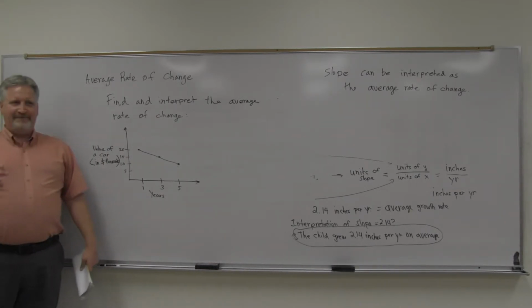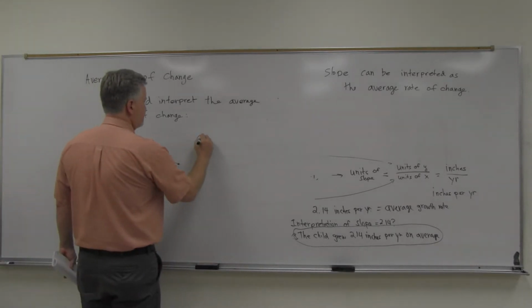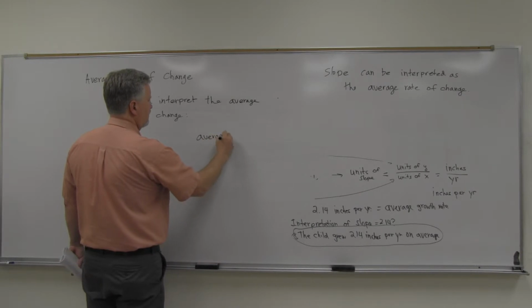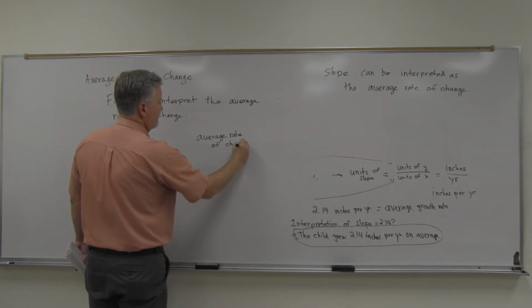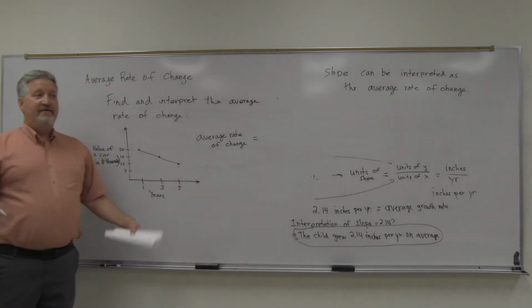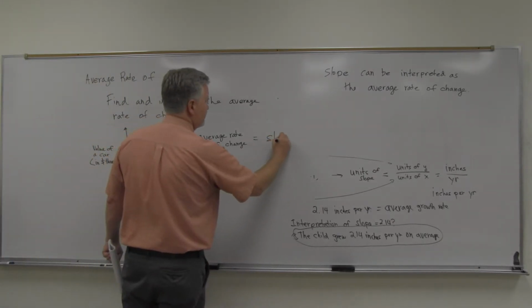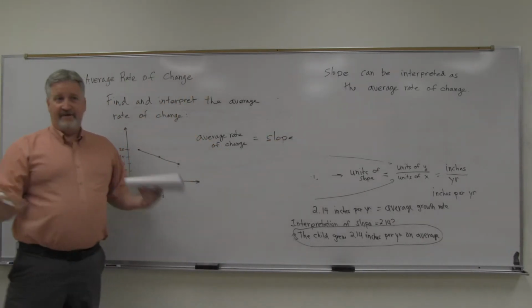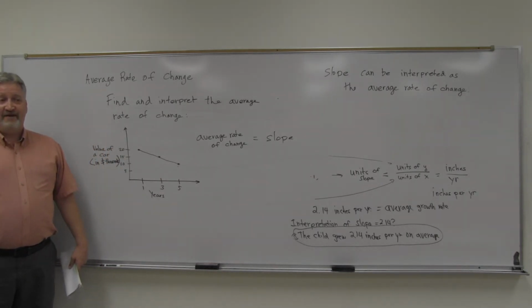Now, on this particular one, the average rate of change, how do I get it? Well, we said the way you get it is you just need the slope. We can do slope a number of ways.